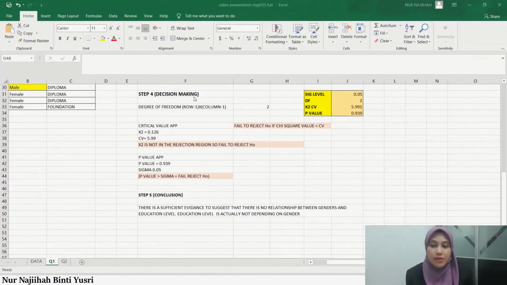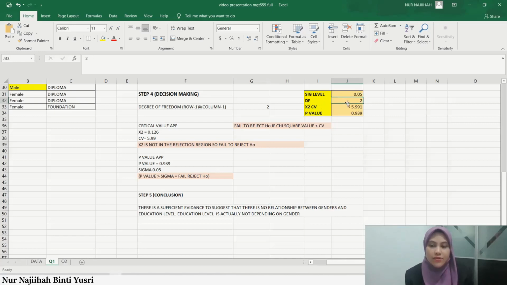Moving on to step 4, which is decision making. For this step, we need to calculate significance level, degree of freedom, chi-square critical value, and p-value. The significance level is 0.05.